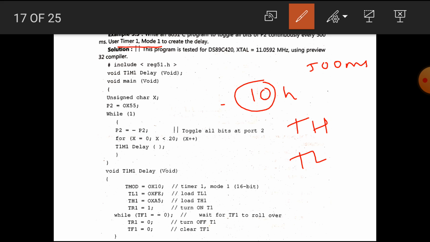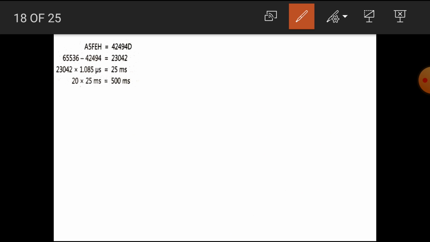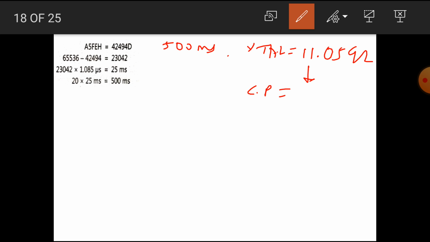For that purpose let's see the calculation first. Here the delay is 500 millisecond, and the crystal oscillator frequency XTAL is equal to 11.0592 MHz, and we know that its clock period is 1.085 microsecond.